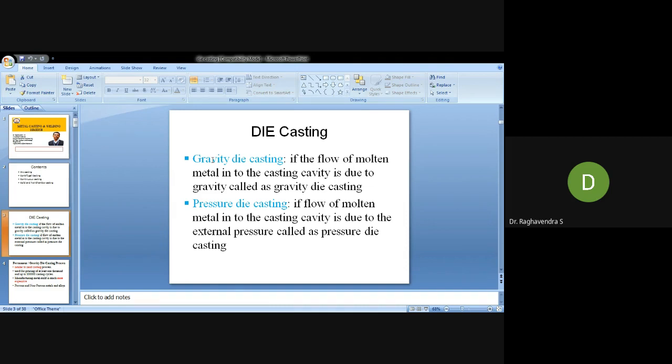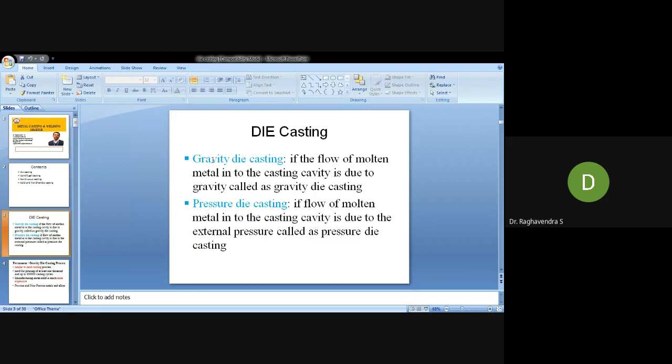What is the position of the petrol tank? What is the position of the engine? How will the petrol flow from the tank to the engine? Due to gravity. Very simple, because the tank is at some height and below that there is the engine part. Because of gravity, when you turn the knob, slowly petrol will come and go into the carburetor and then to the engine. There is no pump here to push the petrol.